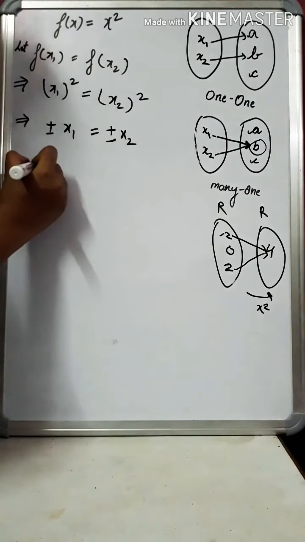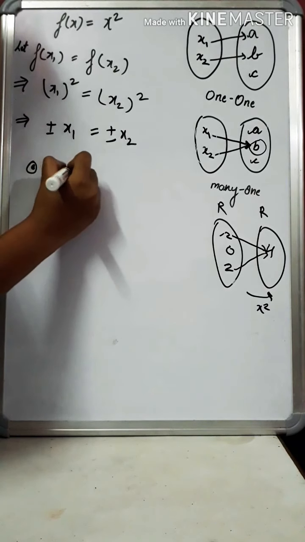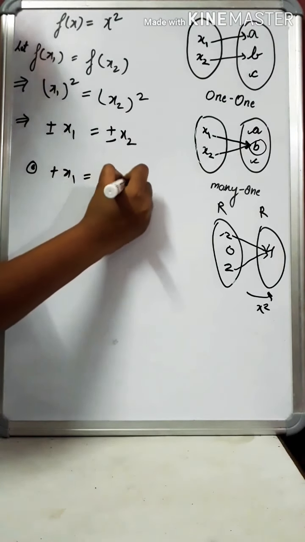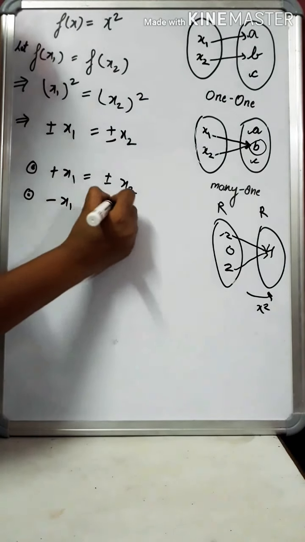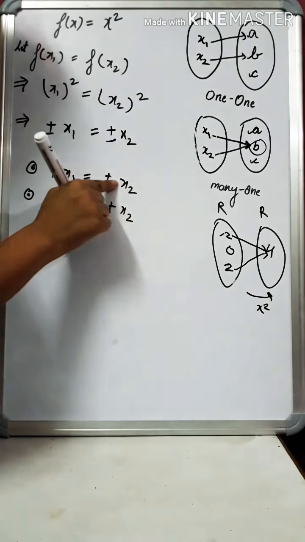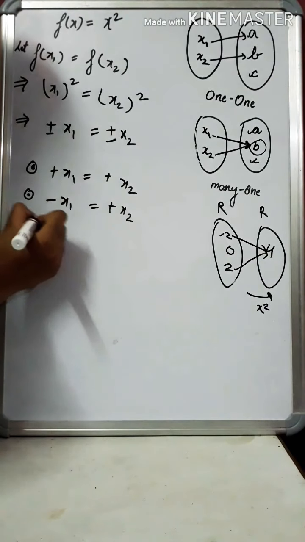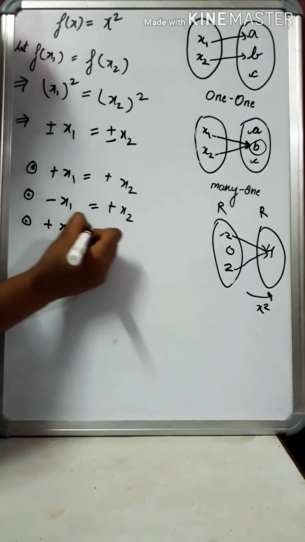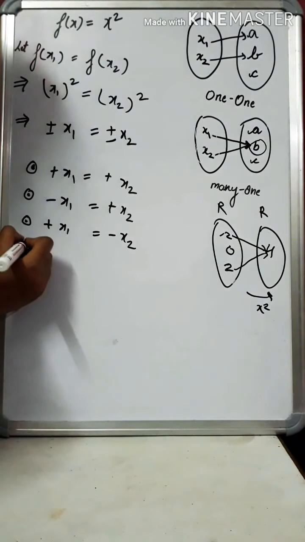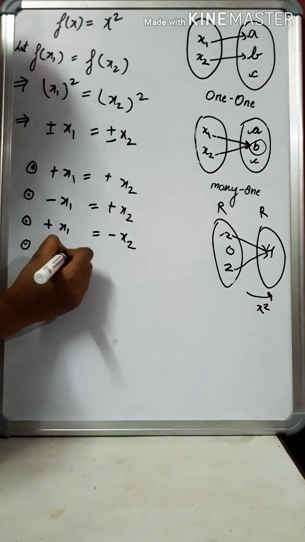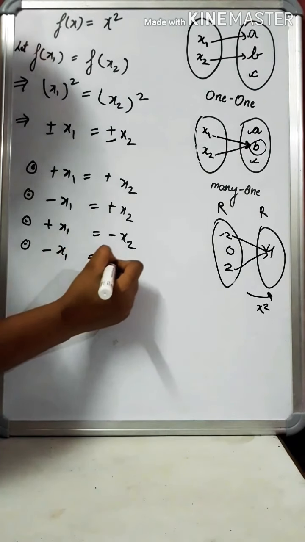This can be like this also: plus x1 is equal to plus x2. This can be like this also: minus x1 is equal to plus x2. This can be like this also: plus x1 is equal to minus x2, and this can also be there: minus x1 is equal to minus x2.